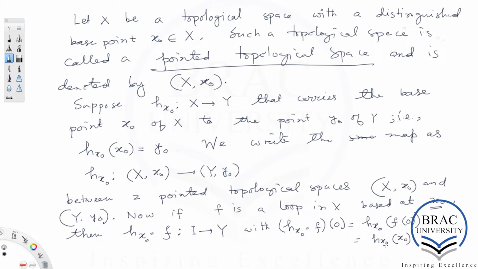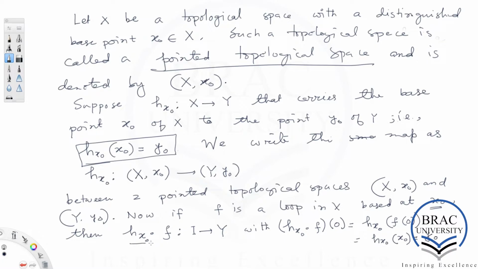And we know that h sub x0 of x0 is y0 from the definition of the based map h sub x0. So this is equal to y0.